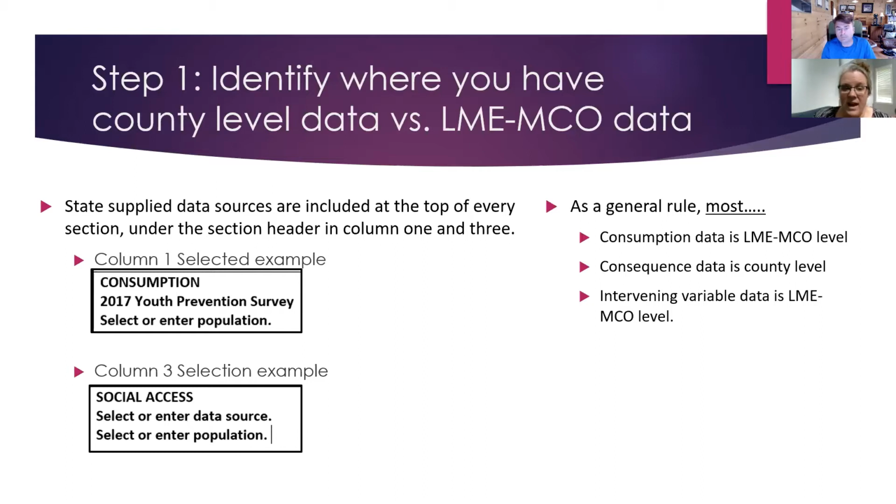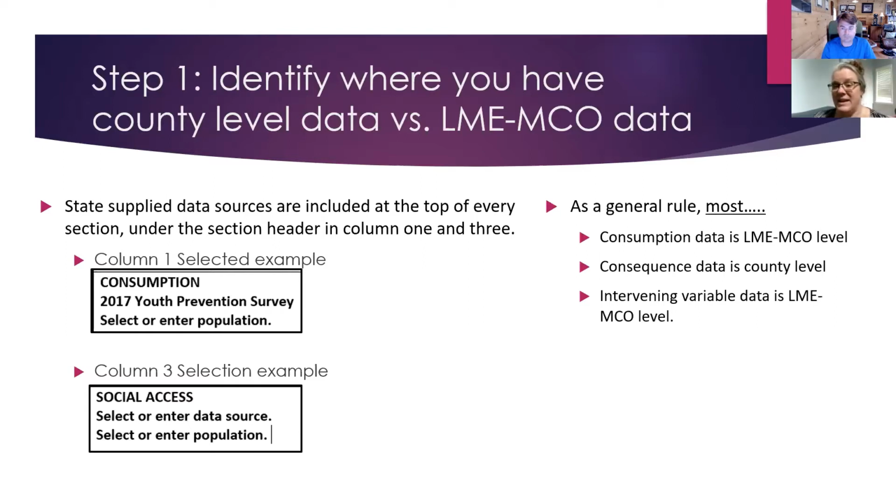When we're looking at this, as a general rule, most of our consumption data is going to come from the LME-MCO level data. That's going to be primarily the Youth Prevention Survey from 2017. If you have a survey that you've done in your community, that would probably be your survey data, could take the place of that if you have that same measure that's being asked about.